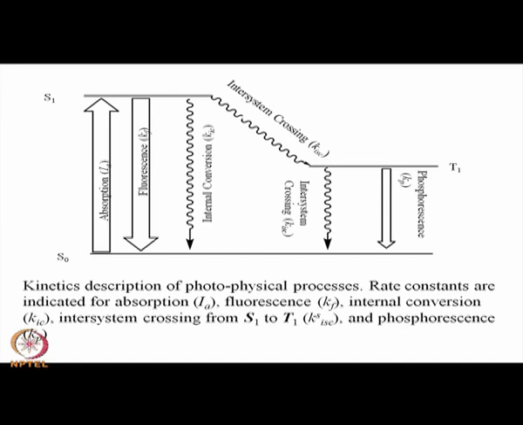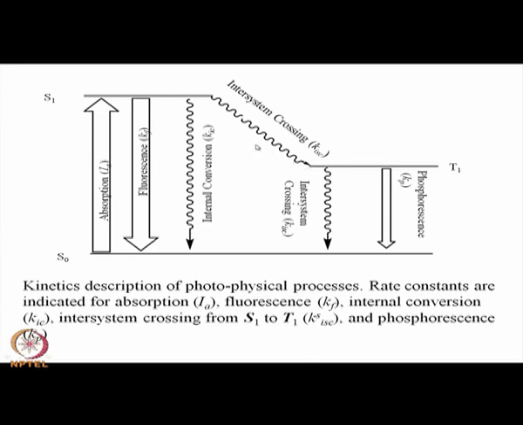At the same time, suppose you somehow populate your triplet state by increasing the intersystem crossing rate. So you may ask, if non-radiative channels are enhanced, then there is a possibility of enhancement of this intersystem crossing also. Of course, there is a possibility, but there are other factors which determine whether intersystem crossing will be more or less.